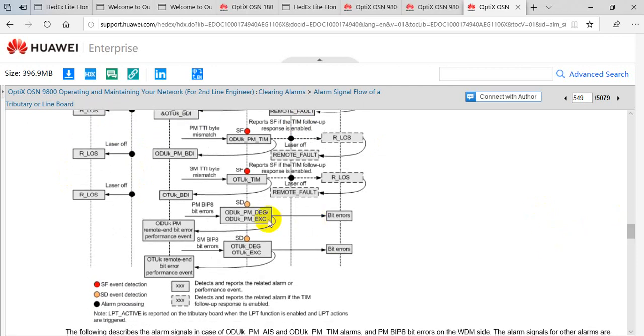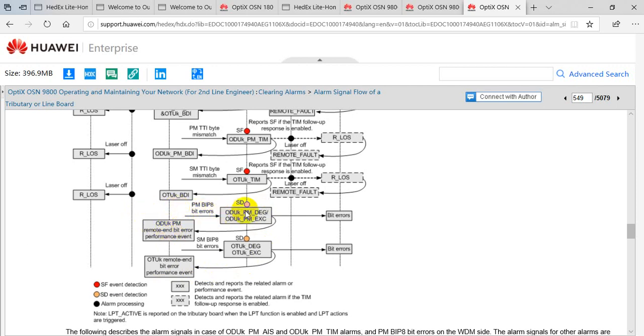In case of degradation, it will be triggered back. So there is no difference from the earlier one, because LPT will not act based on degradation in the section.